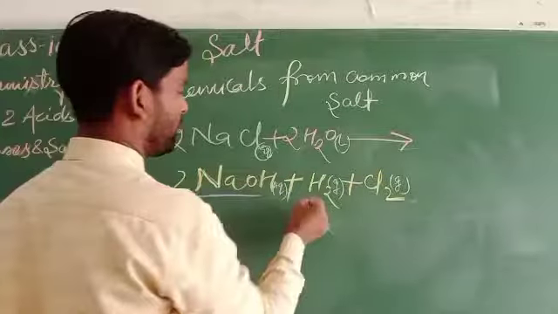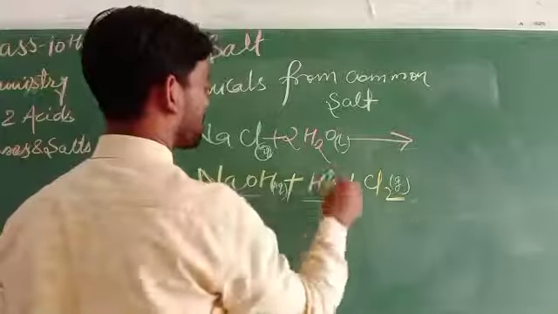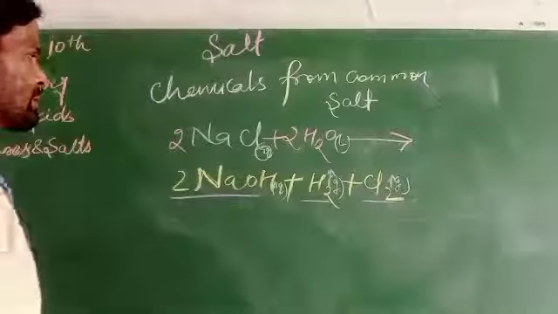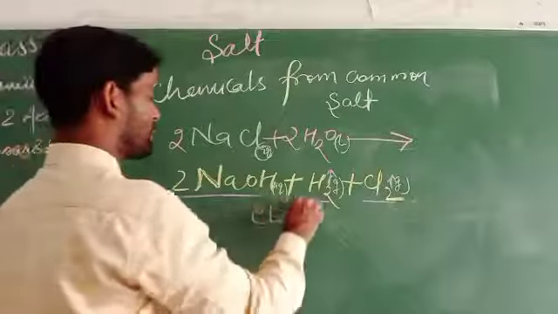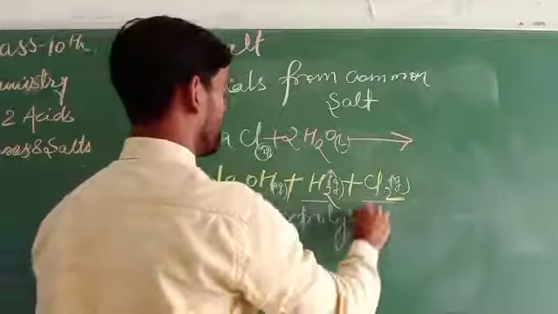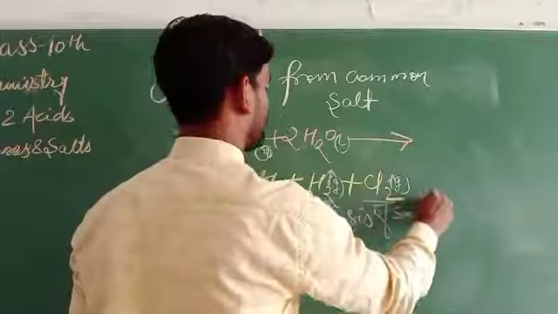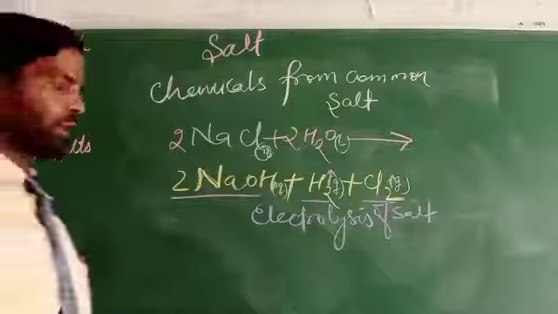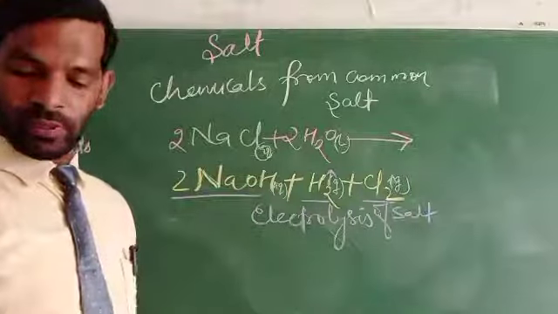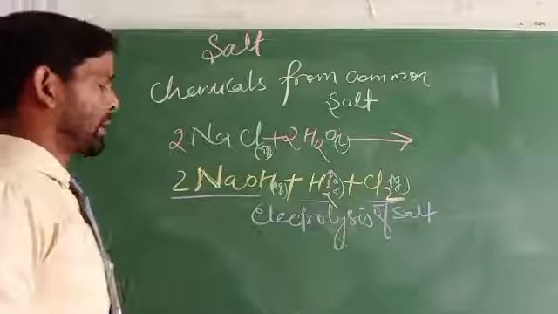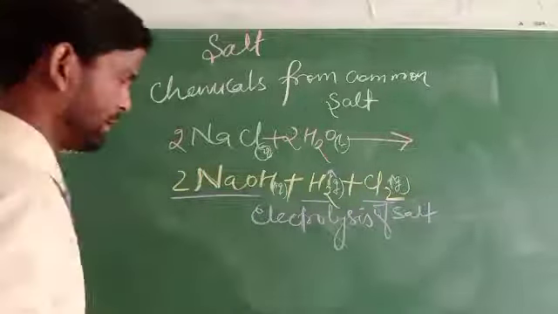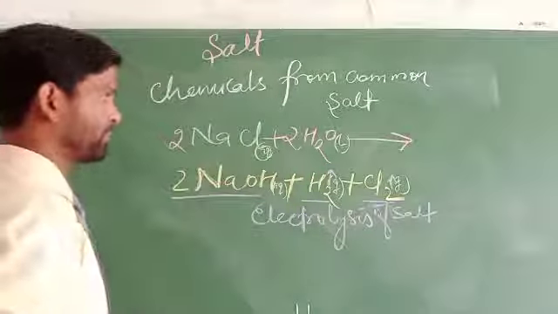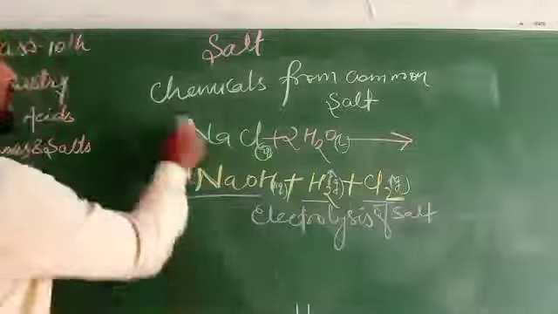Sodium hydroxide, hydrogen gas, and chlorine gas will form when electrolysis is carried out. What happens in the case of electrolysis of salt? I explained it earlier, but for the sake of this moment I'll show you.